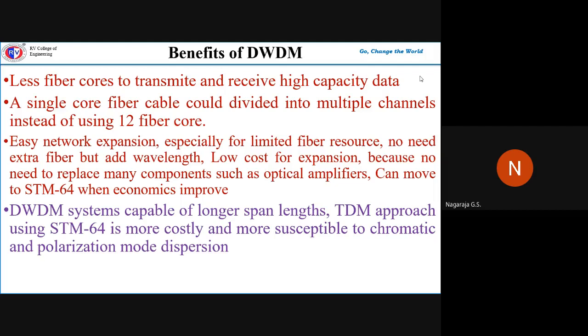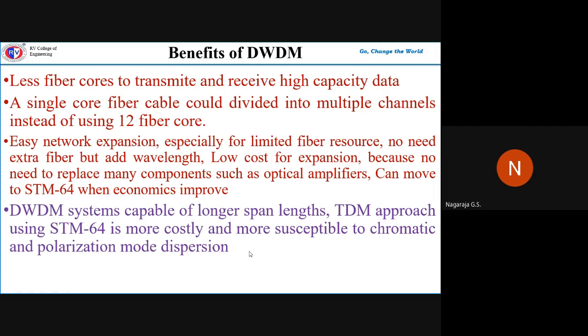We are trying to reiterate how DWDM is more useful compared to WDM without extra resources. DWDM systems are capable of longer span lengths, while the TDM approach using STM64 is more costly and more susceptible to chromatic and polarization mode dispersion.